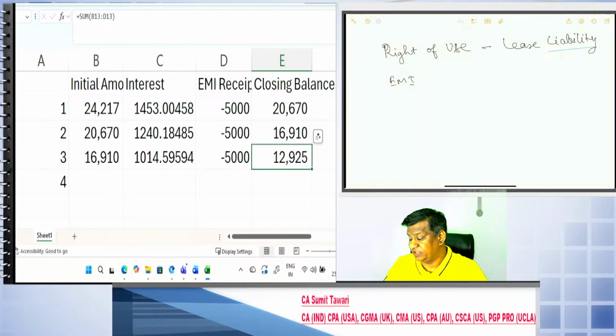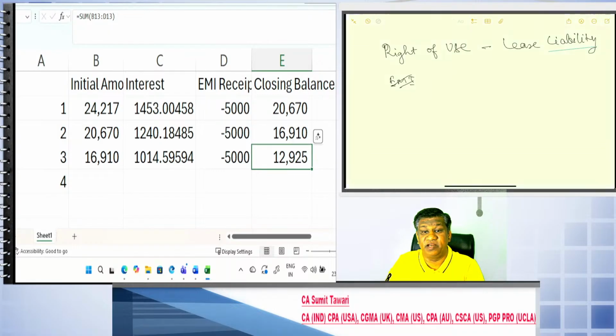I'll give you the detailed calculation, but before that, we can take this example. 5,000 I need to consider as the lease expenses because it is the EMI as well as the interest. That is my entire lease expense.